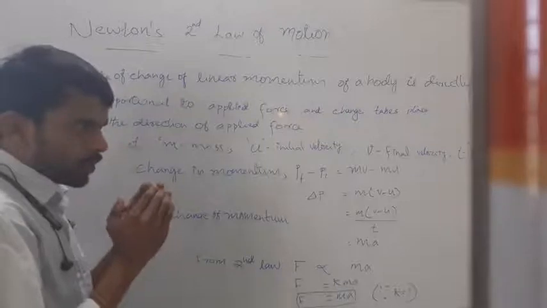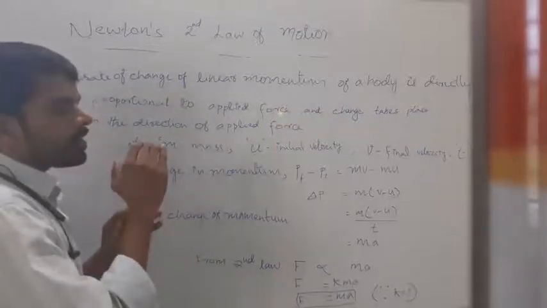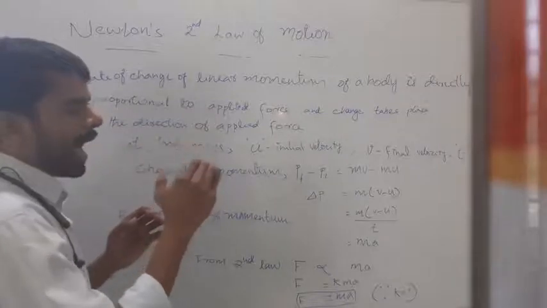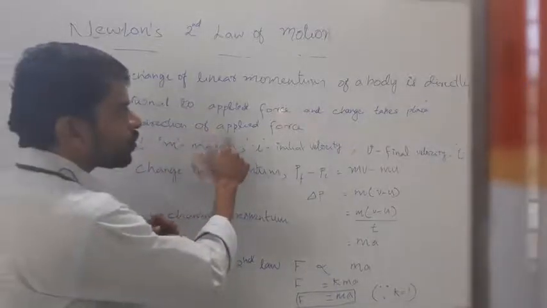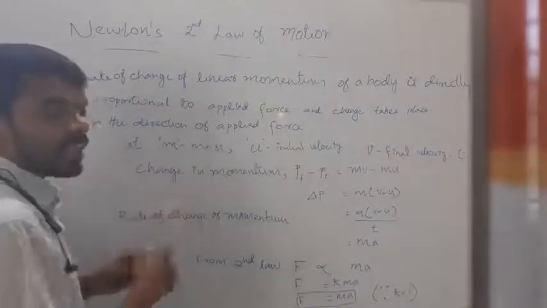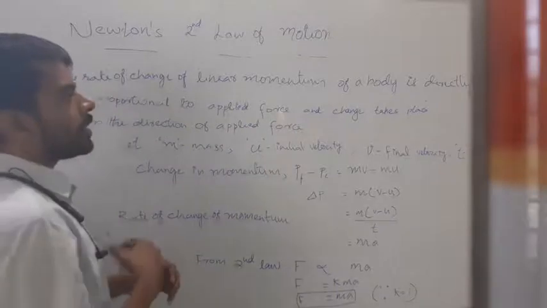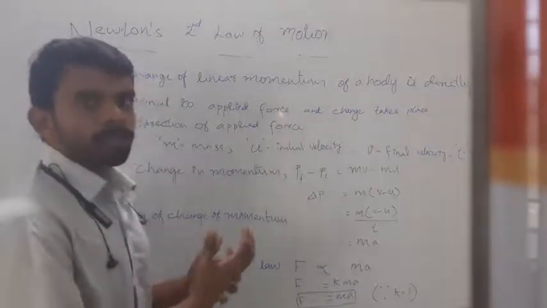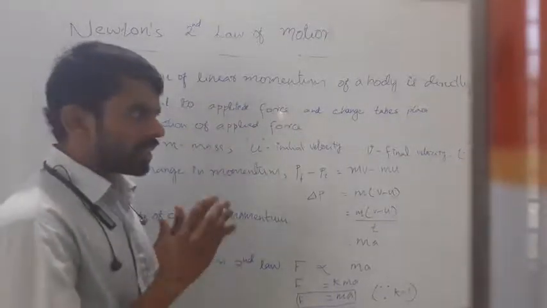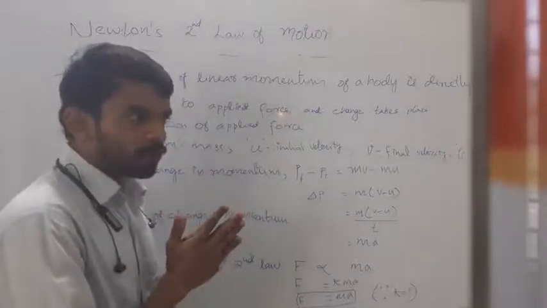So the rate of change of linear momentum we first found. Then the change of linear momentum happens only in the direction of applied force, so that is the direction of the force. By understanding whether the change in momentum is positive or negative, we can understand in which direction the force is acted.